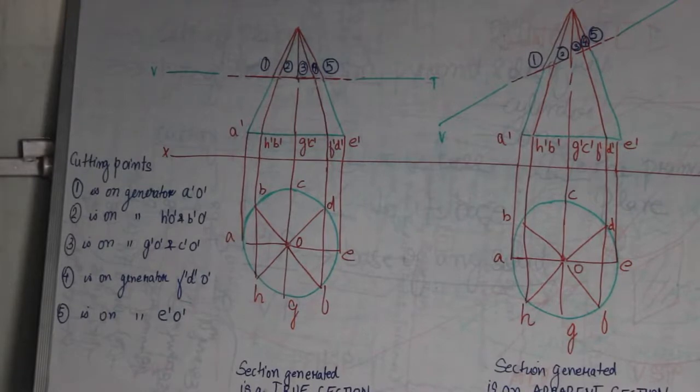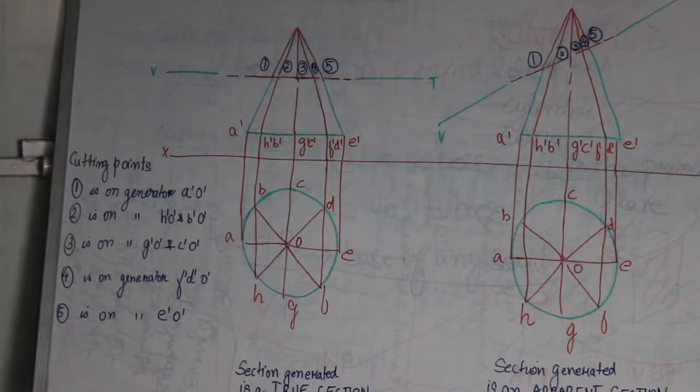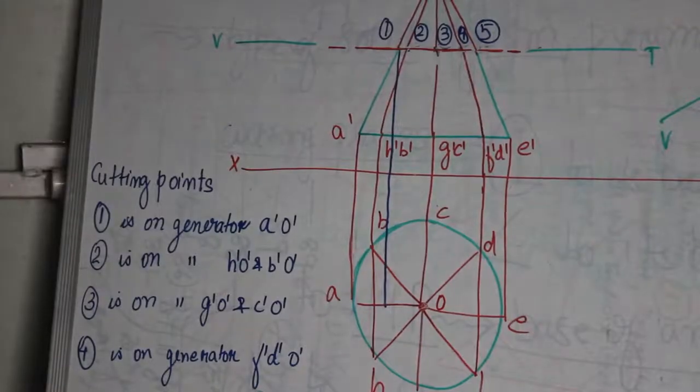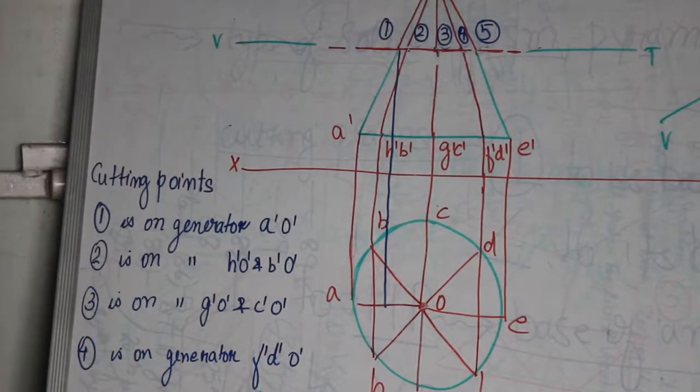For example, from cutting point 1, we'll drop the first line onto the generator AO in the top view, like this. Now you can see in the drawing that from cutting point 1 I have taken a straight line down to the top view.